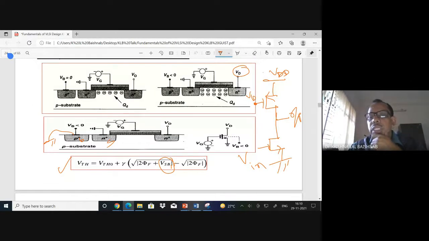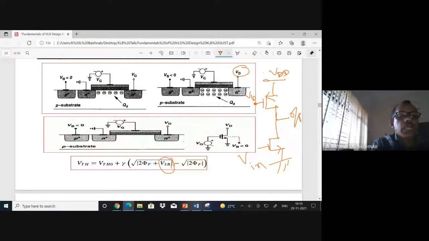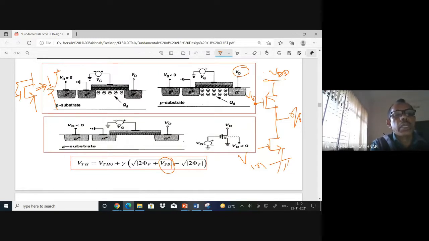This is also a resistance. I already told you there are a few things you must remember. If I take a MOS and short it, this is a resistance, nothing but 1 by gm.